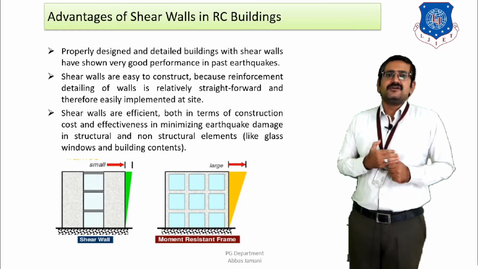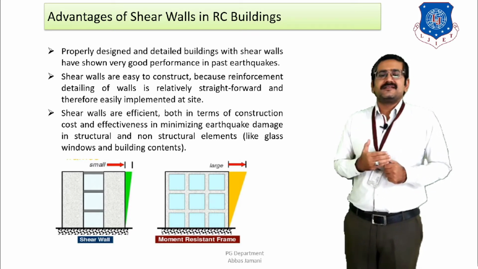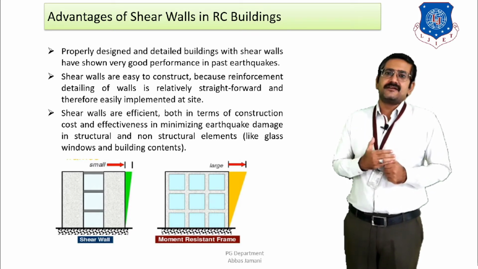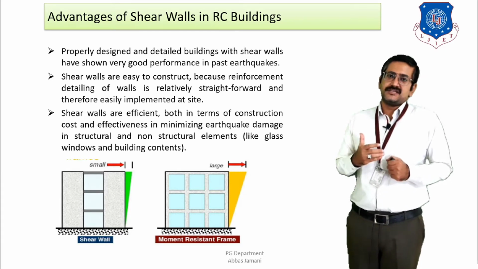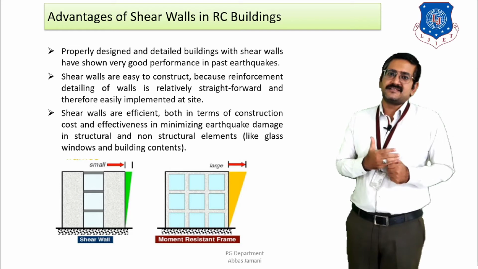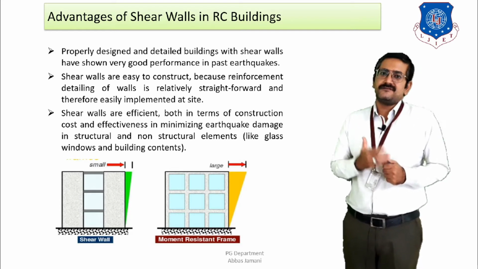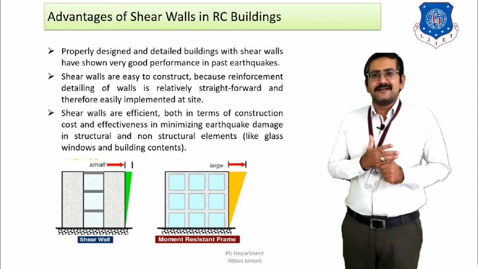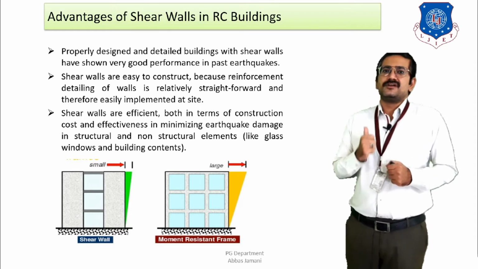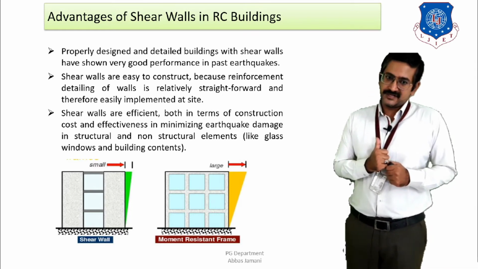Similarly here also, past earthquakes have suggested that a properly designed and detailed reinforced concrete building with shear walls has always performed better in case of severe ground shaking, and that is an added advantage of introducing shear walls in the reinforced concrete building.